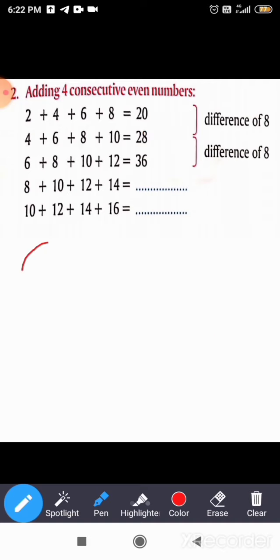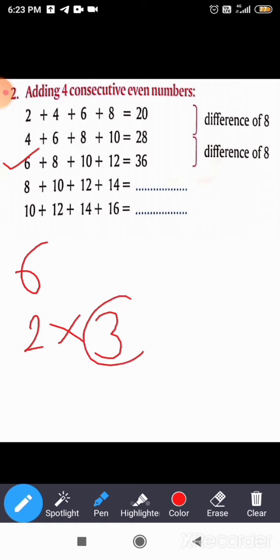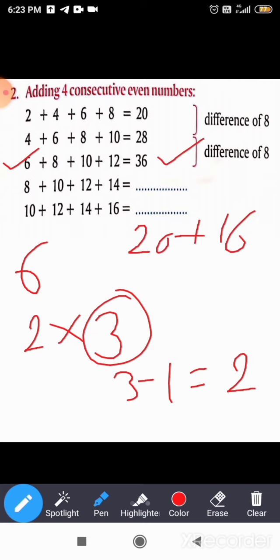Now if the series is starting from 6, this series I am talking about, 6, 8, 10 and 12, then 2 threes are 6, right? So 3 minus 1, my answer will be 2. It means I'm going to add 2 times 8. So 8 twos are 16. So I'm going to add 16 in 20. So my answer will be 36.